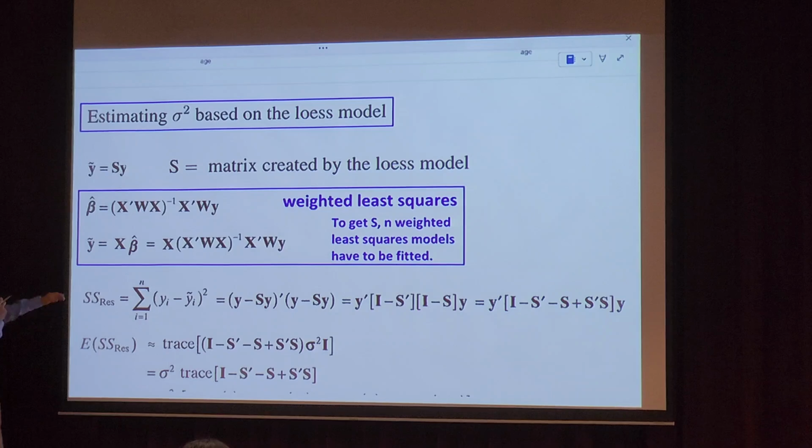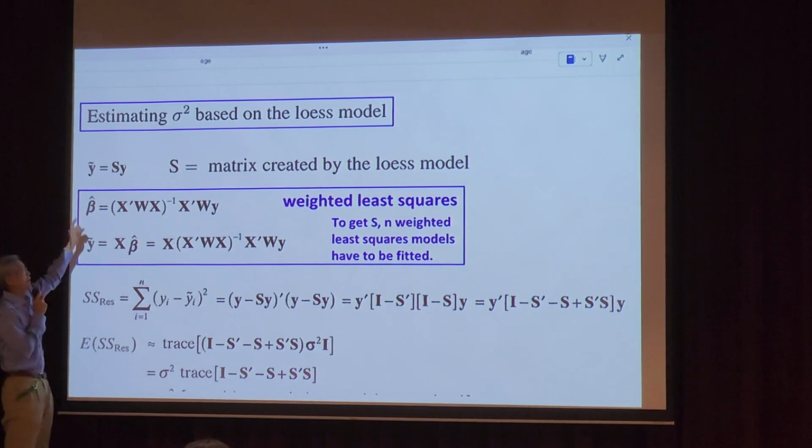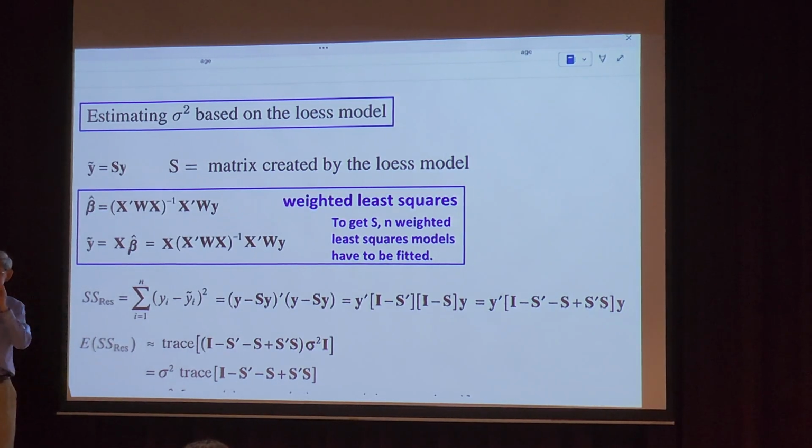Well, for weighted least square, for the loess model, Y tilde can actually be written as S times Y. In other words, this fitted value is also a linear combination of the response, just like the non-parametric regression model.